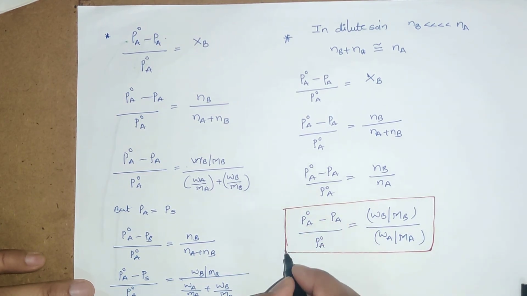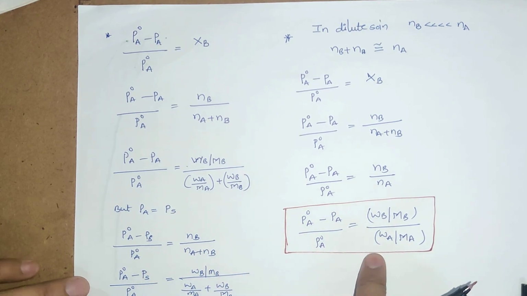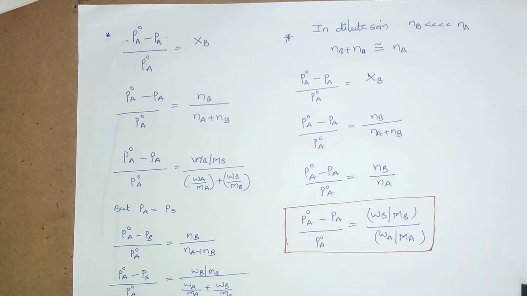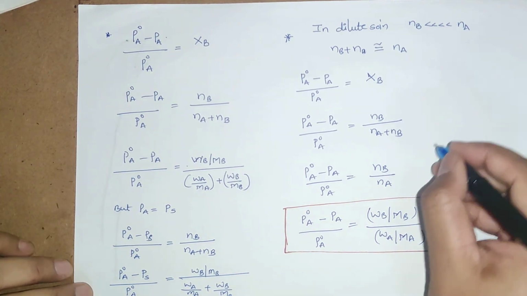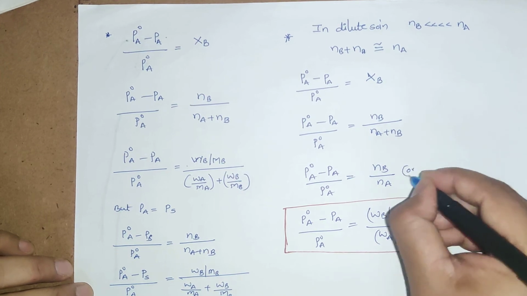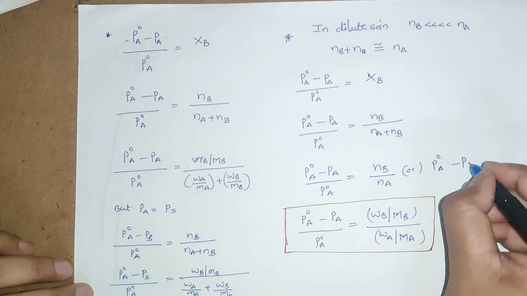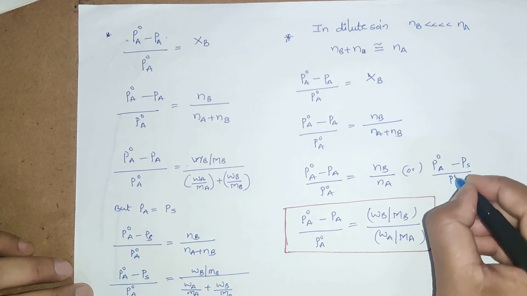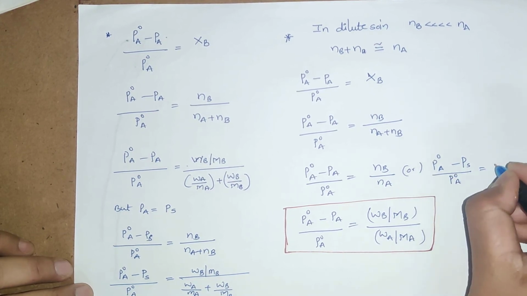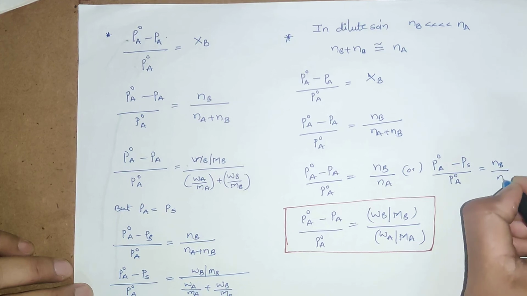If you are not getting the answer using this formula, then go to the longer one. But in most numericals we use this formula. An alternative form we can also write: (P naught A minus Ps) by P naught A is equal to Nb by Na.